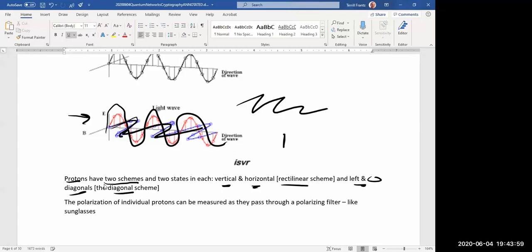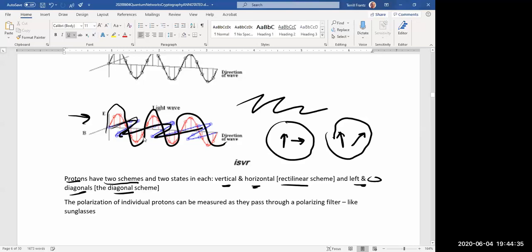So you could think of it as going like that, or you could think of it as the wave going like that. There's 2 schemes. This is rectilinear, where it's either going north or east, and here it's at an angle, let's just randomly say 45 degrees pointing to the left, or 45 degrees going to the right.